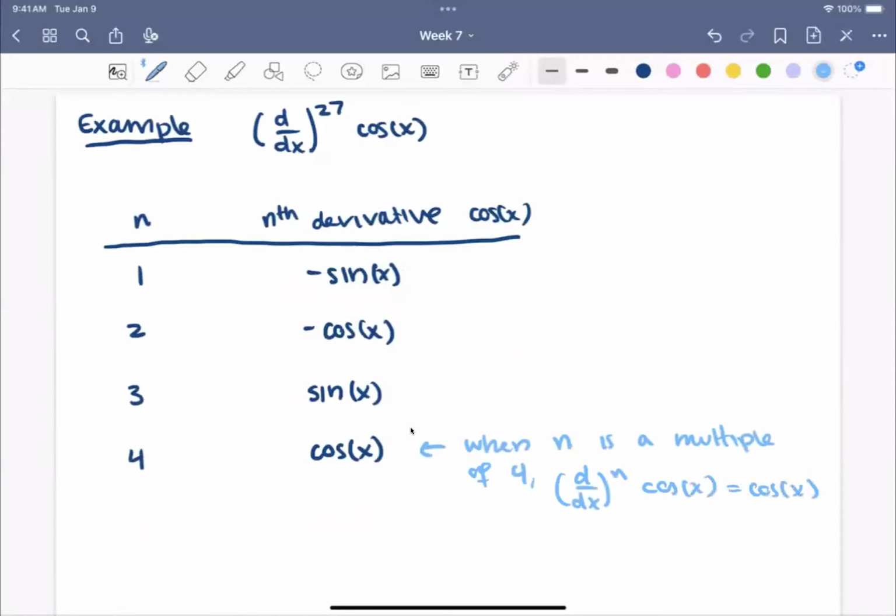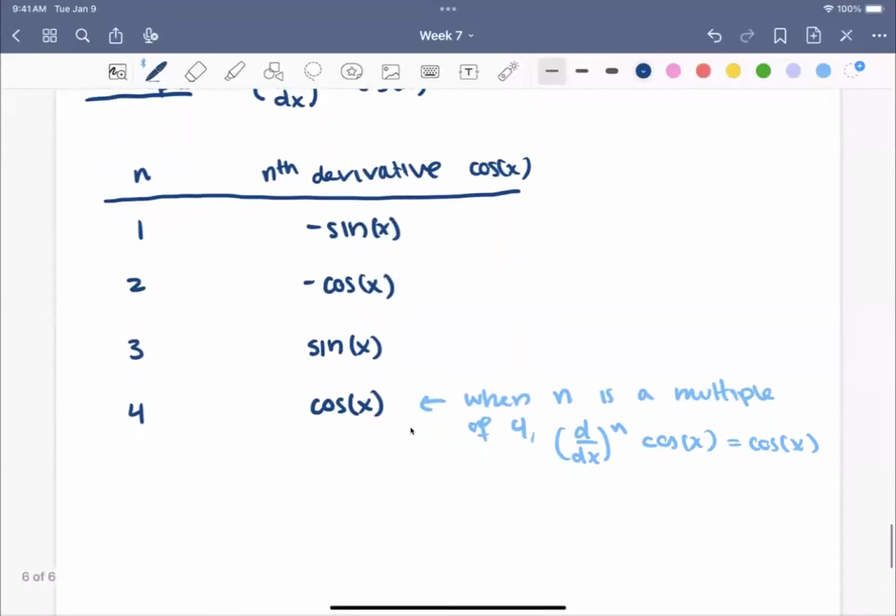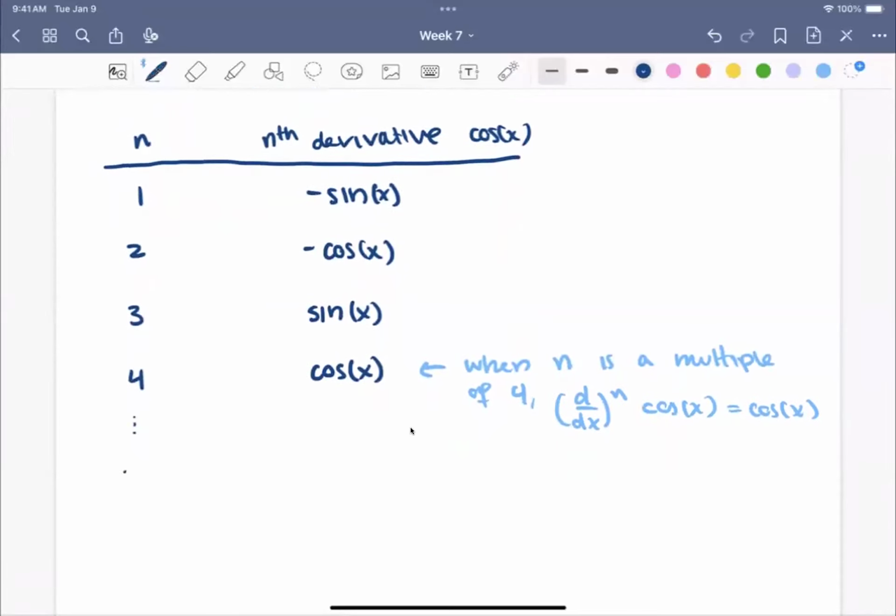So if I want to find the 27th derivative, I need to find the largest multiple of 4 that's still less than 27. This is going to be 24. So we'll look at the 24th derivative. That's going to be cosine x, right? Because 24 is 6 times 4.